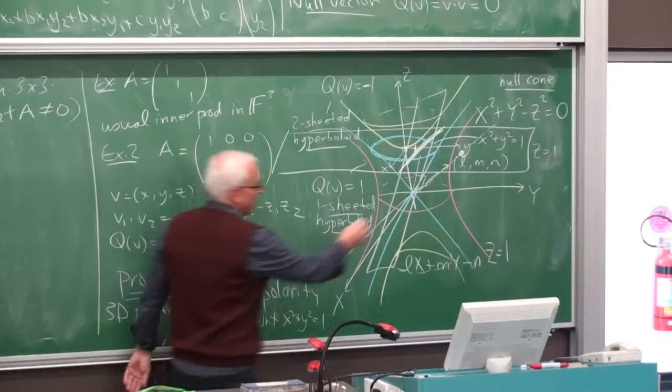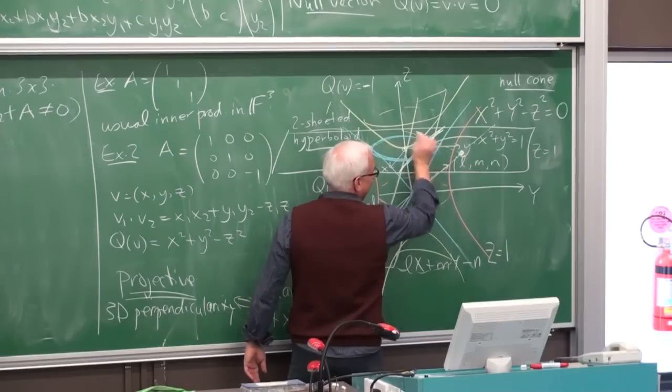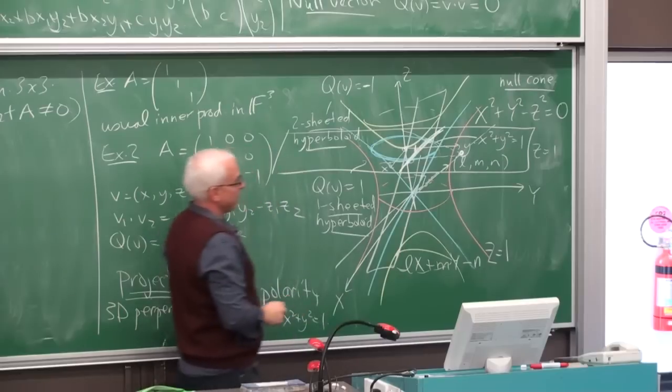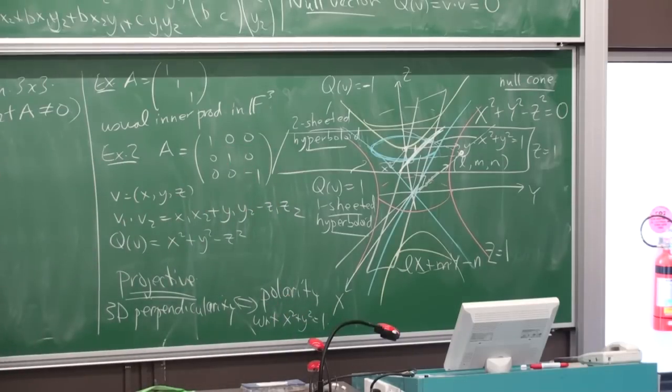Namely, if you draw tangents to those 2 points where the perpendicular plane meets the unit circle.